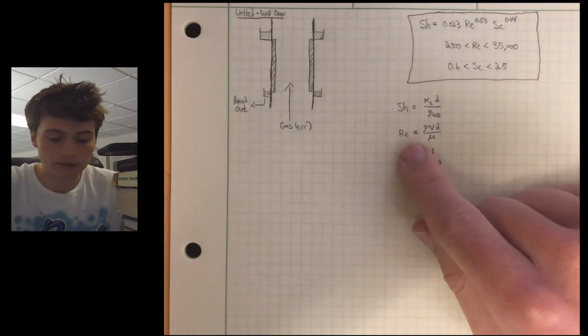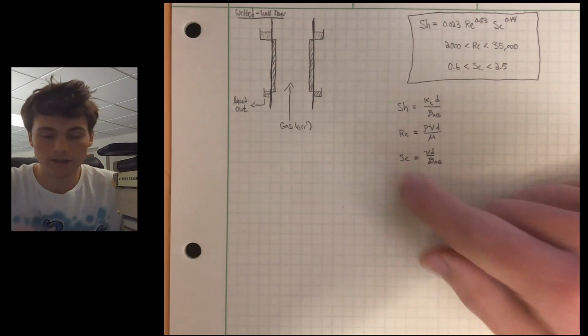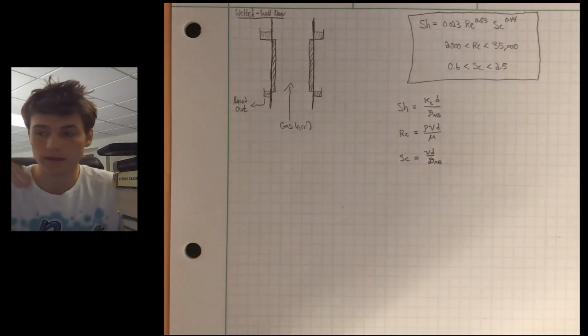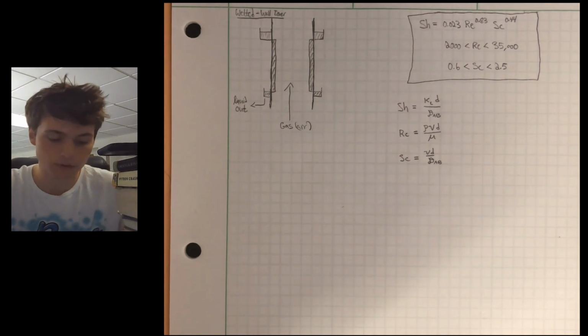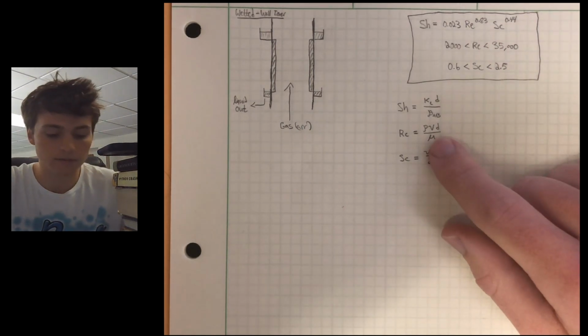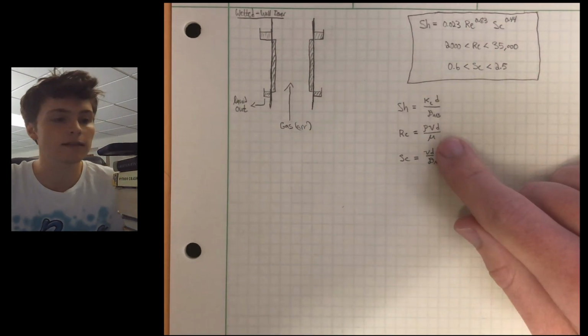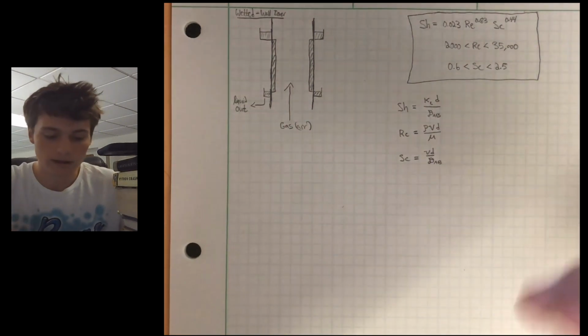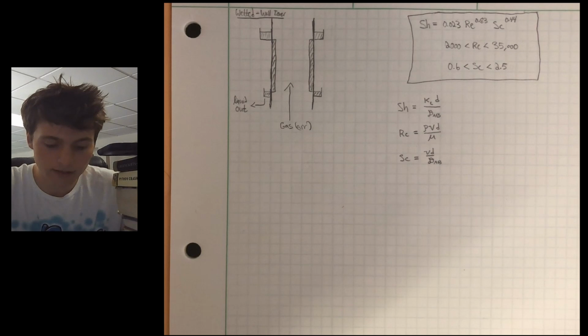Then the Reynolds number is just the ratio of inertial forces for the moving fluid over the viscous forces for the moving fluid. In that case, it's the density of the fluid multiplied by the velocity of it multiplied by the same characteristic length as in the Sherwood number, the diameter of the tube, divided by the viscosity of the fluid.